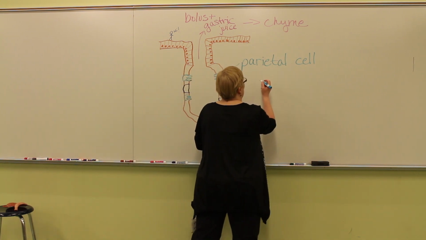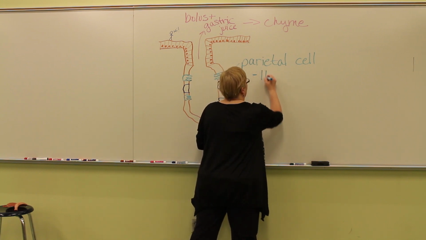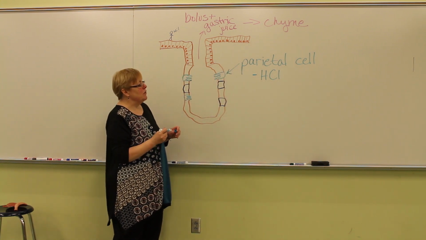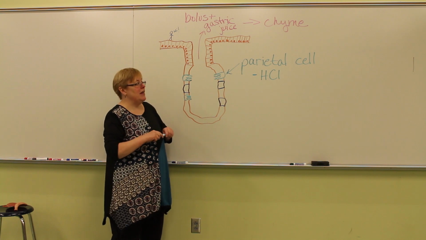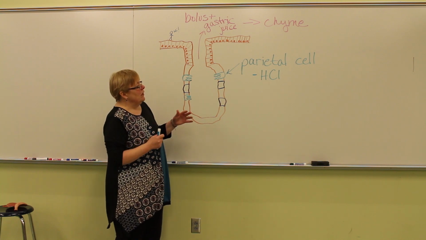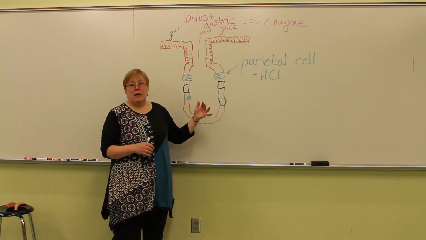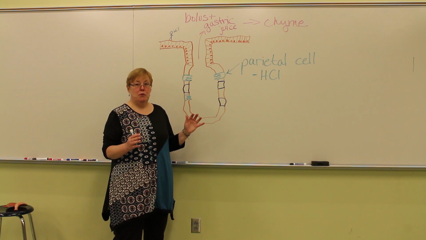So one of the secretions of parietal cells is hydrochloric acid. It's the parietal cells and their secretion that give the gastric juice its acidic pH, typically maintained at around a pH of 2.